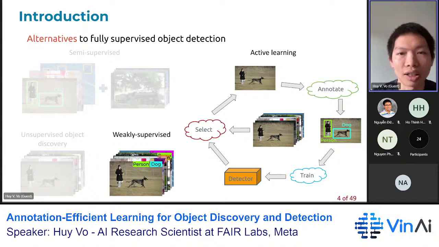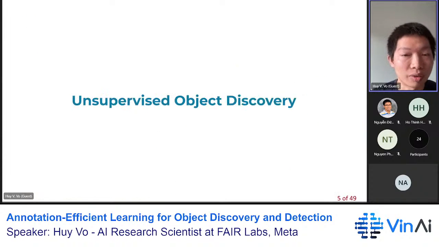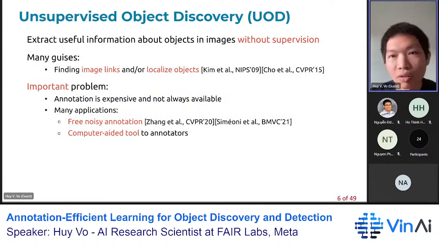So let's dive into unsupervised object discovery. Unsupervised object discovery, or UOD, is the task that aims to extract useful information about objects in images, like their categories and location, without using any kind of supervision. This task has several variants in the literature.